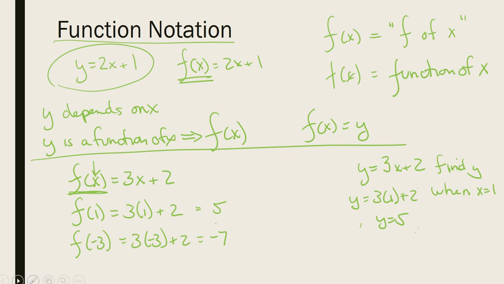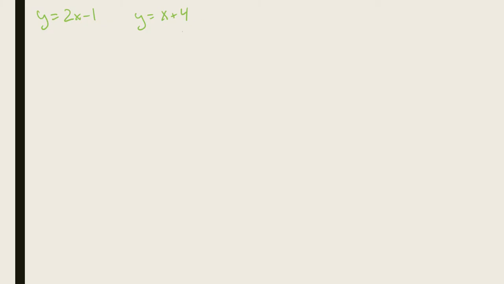So this does a few things for us. Let's take a look at this a little bit closer. So if I have a function, and I'm going to use the old notation for a minute. If I have two equations, y equals 2x minus 1 and y equals x plus 4, and I want to find a bunch of values for a table. I want to do x equals 3, x equals 4, x equals 1.